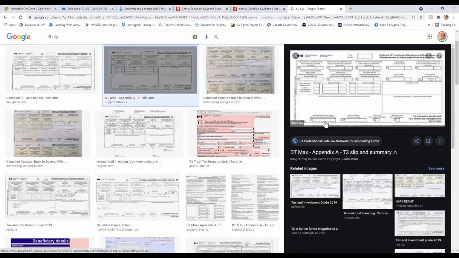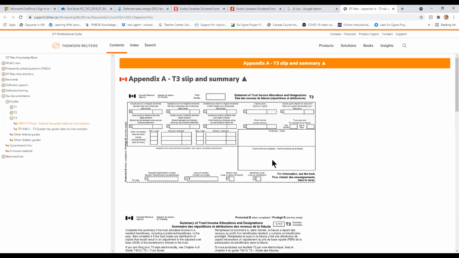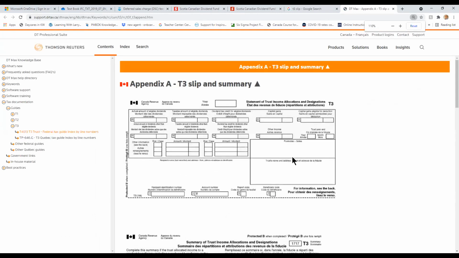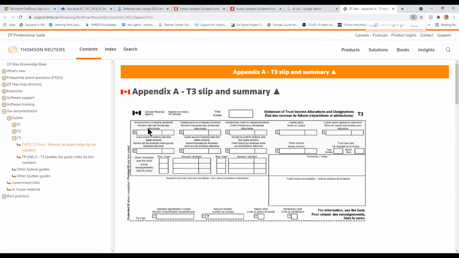It's going to show you on the boxes, as you can see, it has a box for eligible dividends: how much are the dividends you got. It has the dividend tax credit, how much you're eligible for, capital gains, how much you got. And then interest income will be there.